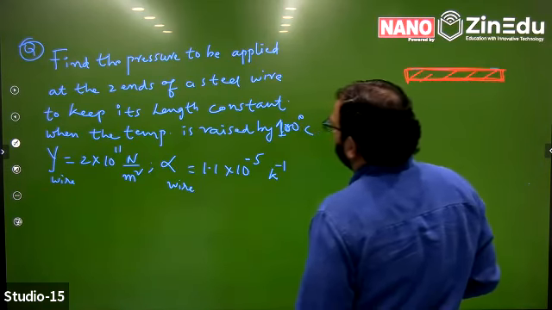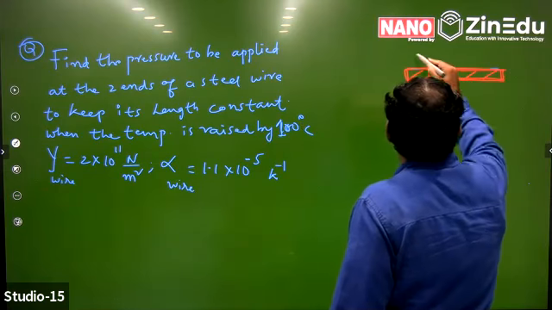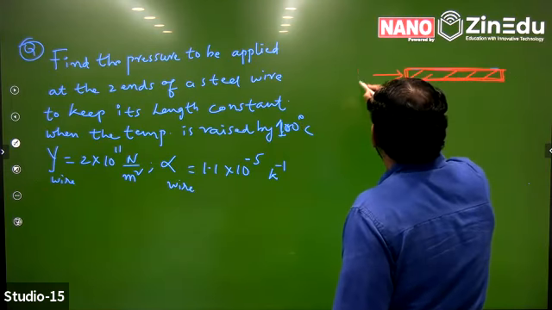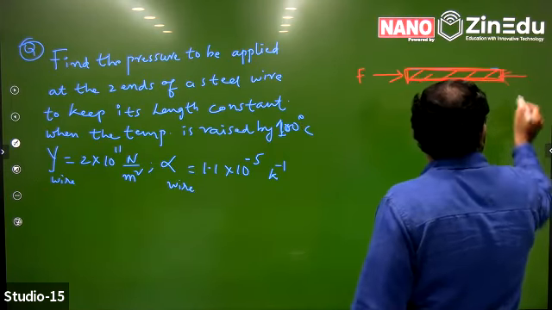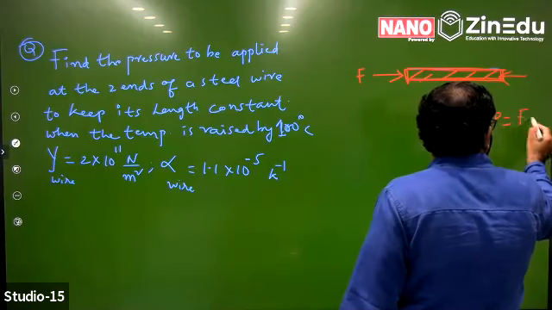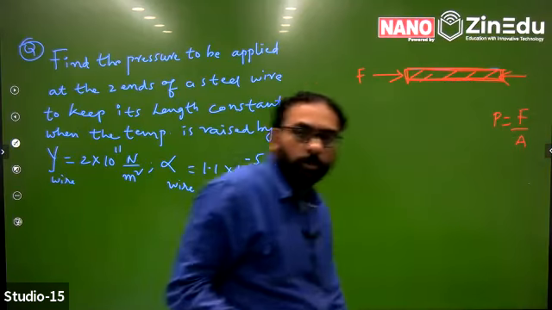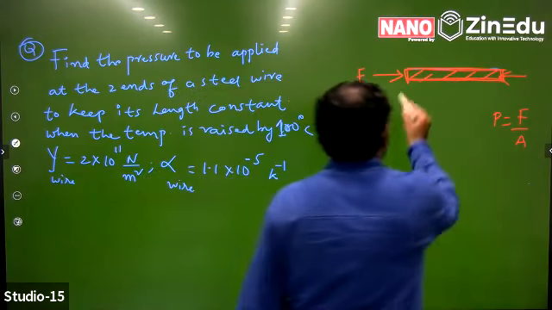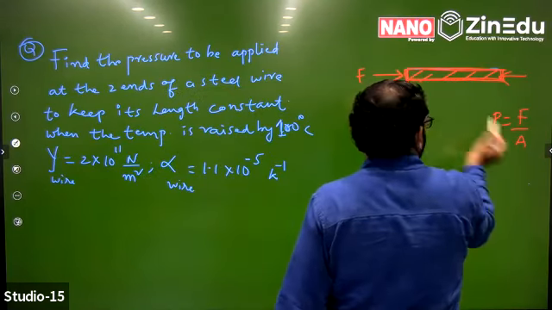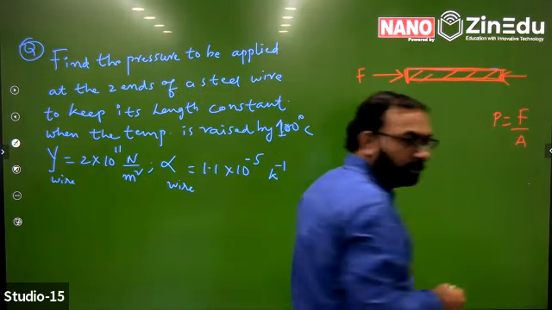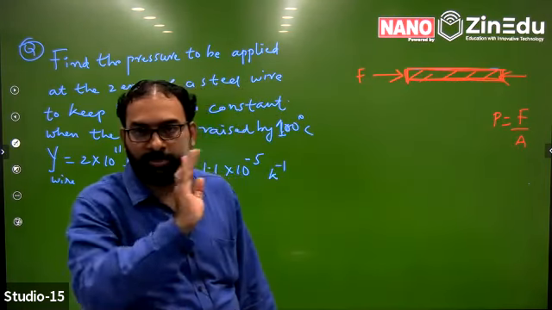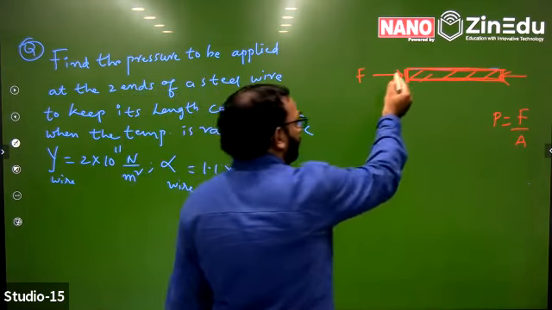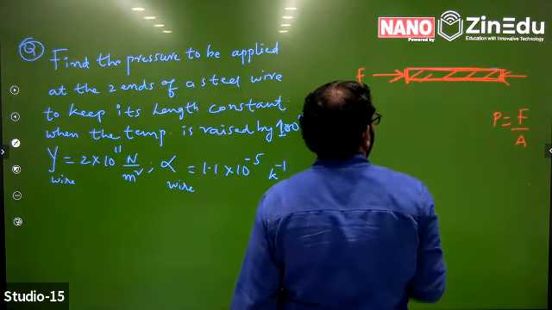At the two ends, we have to apply some pressure. Pressure, as you know, is force by area. Pressure is the force applied on the cross section divided by the area of the cross section, meaning the two ends of the rod. This is the end at which the force is exerted.